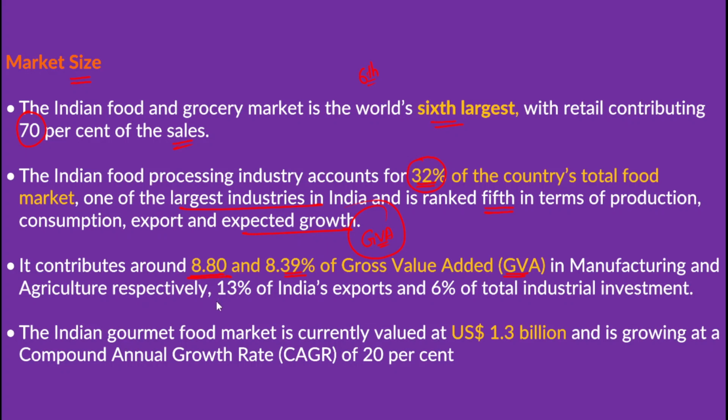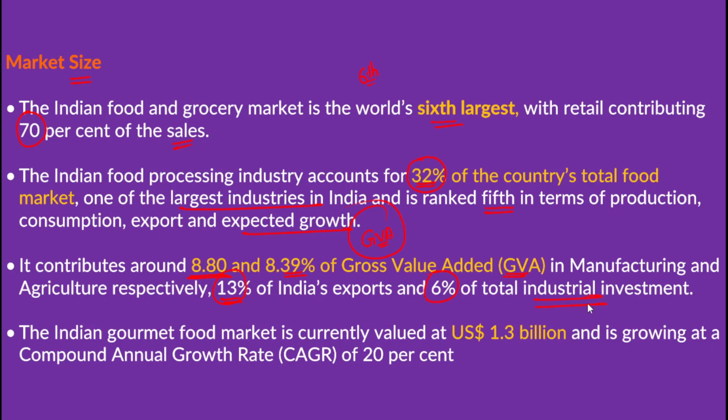So therefore, in this context, 30% of India's exports are from the food processing industry alone. So it is also significantly contributing to India's exports, and apart from that, it is also contributing to 6% of the total industrial investment.